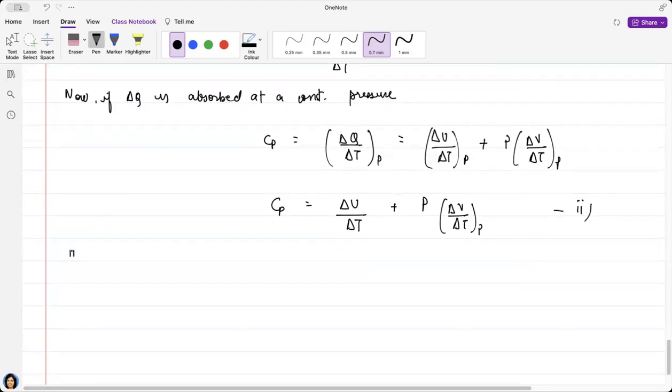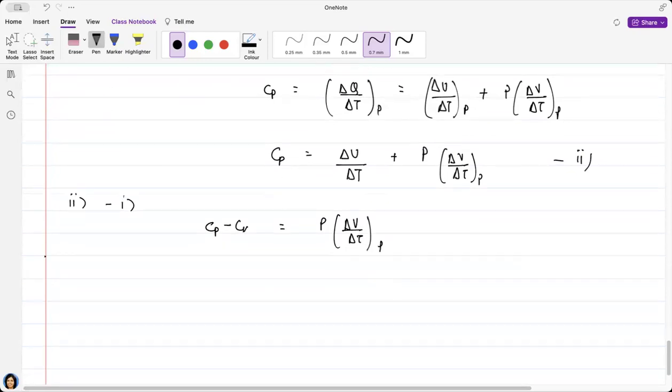Sorry. If I have 2 minus 1, I have Cp minus Cv, that comes out to be P delta V by delta T at a constant pressure. If I'm talking about 1 mole of gas, I say PV is equal to RT.